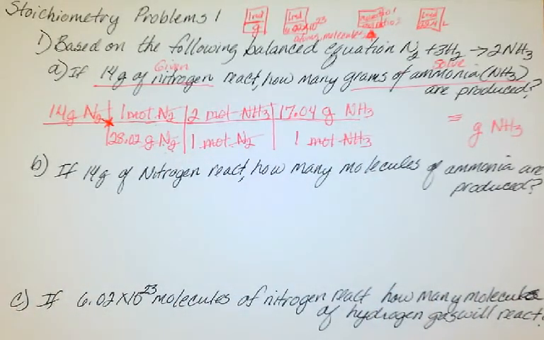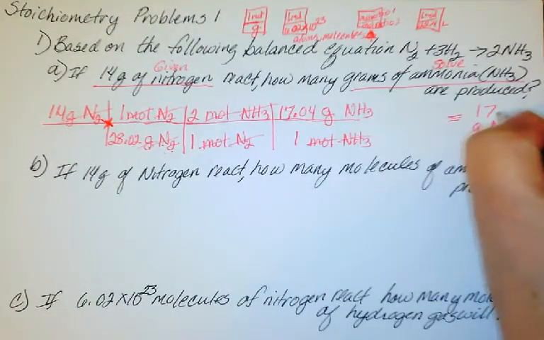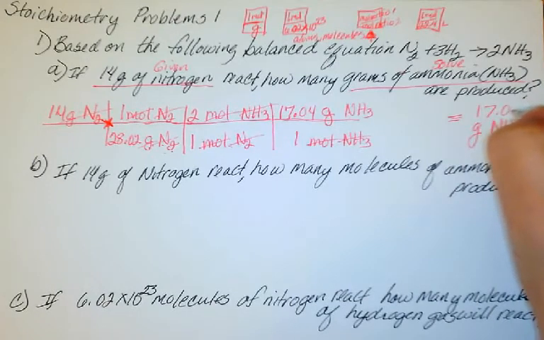In this case, if I go ahead and do the math, 14 times 2 times 17.04 divided by 28.02, divided by 1, and divided by 1 is going to give us an answer of 17.0278.